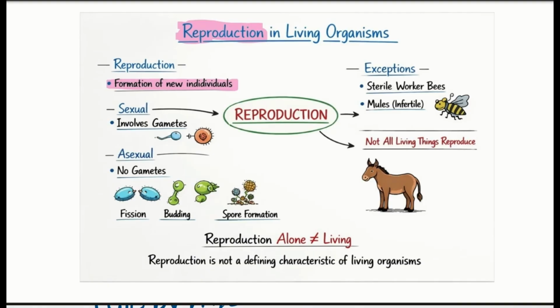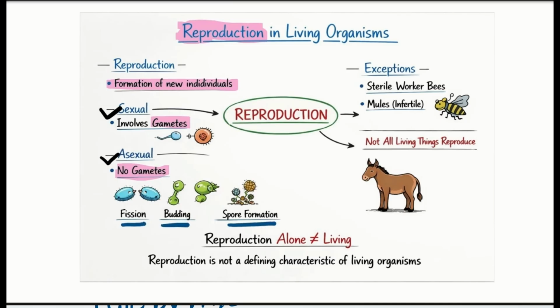First is sexual reproduction. In this, gametes are involved. And second is asexual reproduction. In this, no gametes are involved. Some common examples of asexual reproduction are fission, budding, and spore formation.